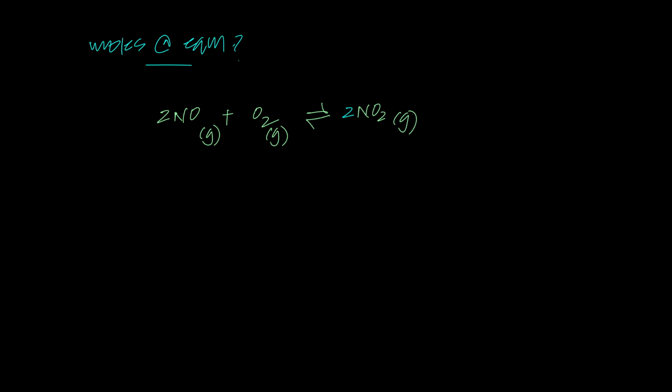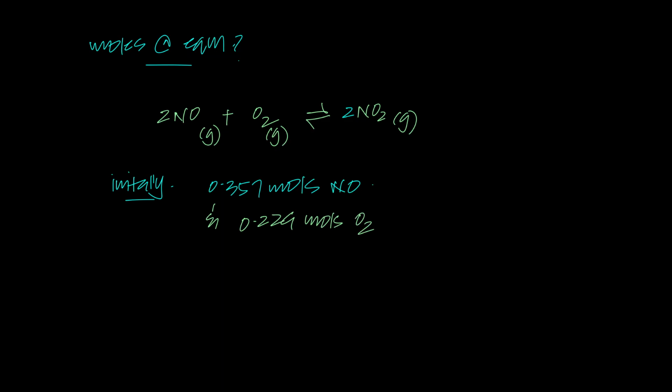Now the examiner is going to say, initially I mixed about 0.357 moles of nitrogen monoxide and 0.229 moles of, I suppose, oxygen. I basically mixed these two together.